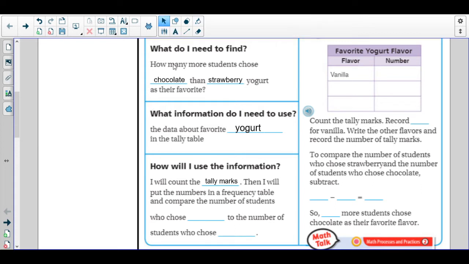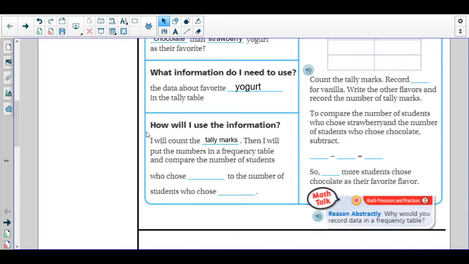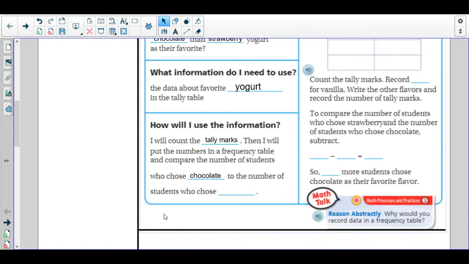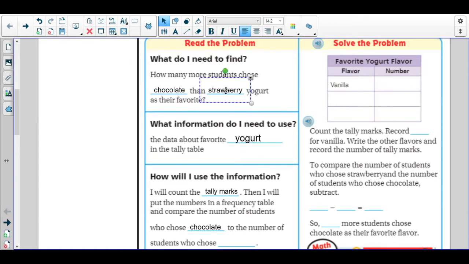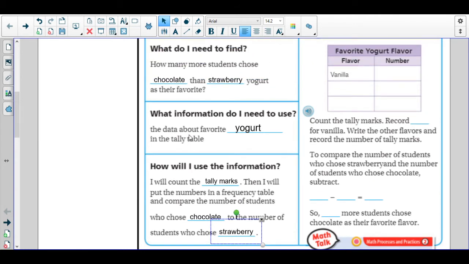Let's just go ahead and copy and paste this one here. Oh, where did I copy that to? There's a copy. There we go. Who chose chocolate? All right, compared to the number of students that chose strawberry. So that's the information that we need.